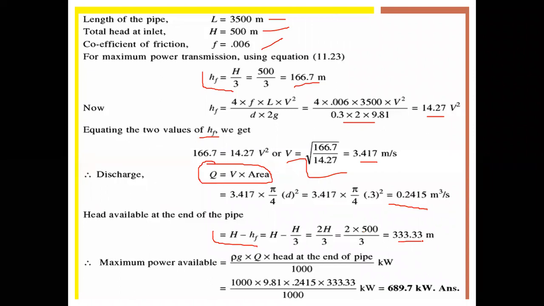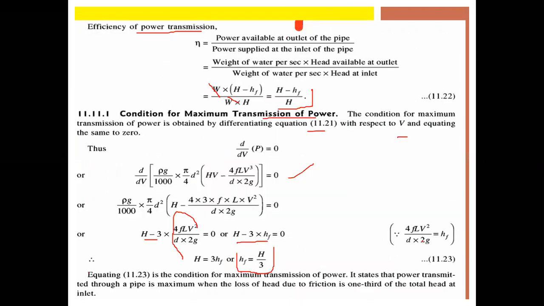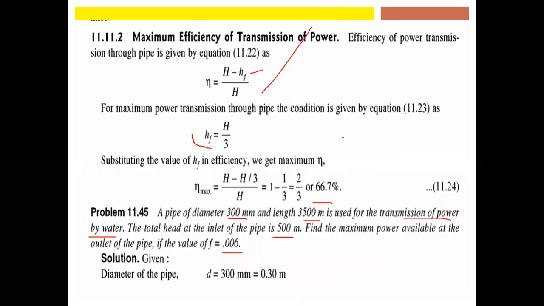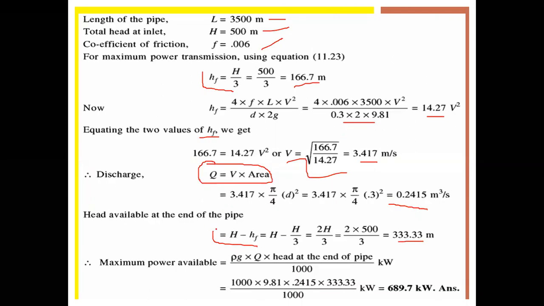Then what is the maximum power? As per the formula, we use rho into g into Q into head at the end of the pipe divided by 1000.